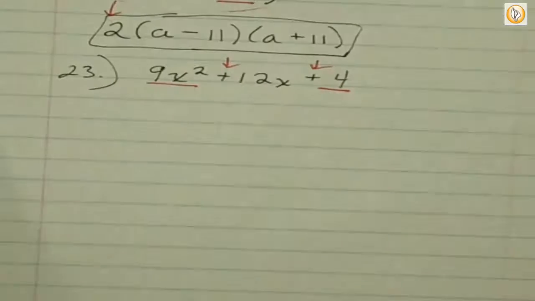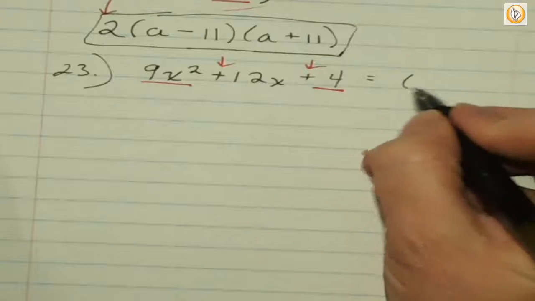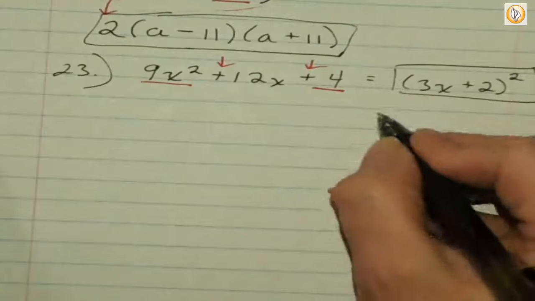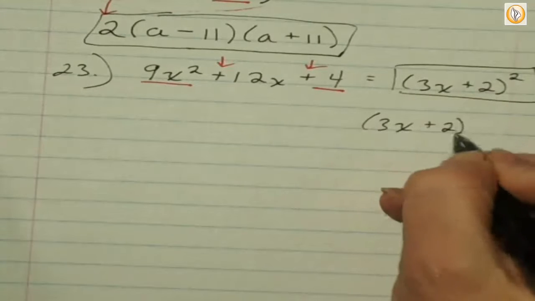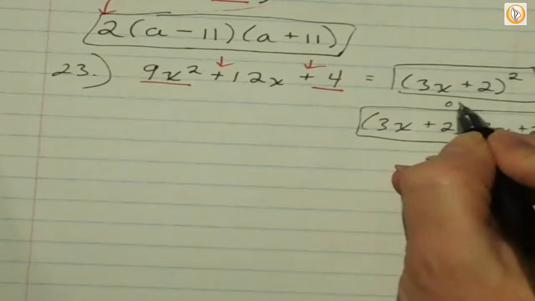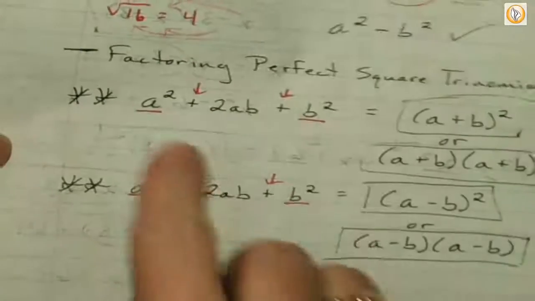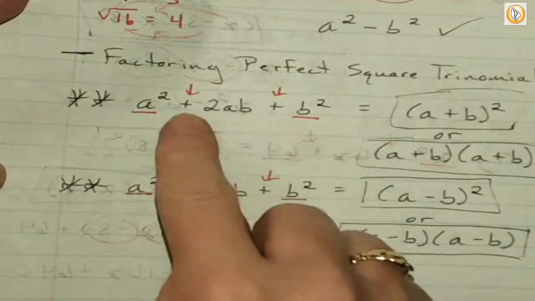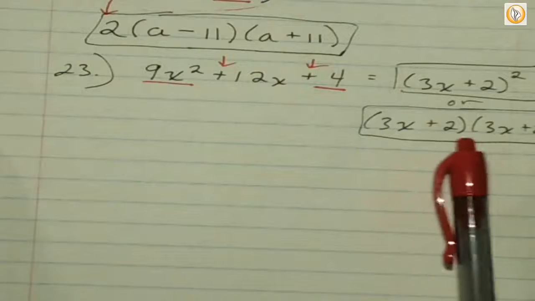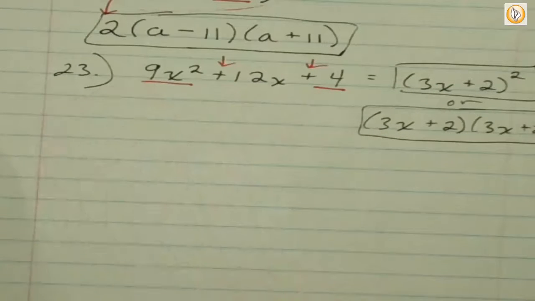There's nothing you can take out of all those, so 3x plus 2 squared, or 3x plus 2 times 3x plus 2. Perfect square, plus plus. And if you did FOIL, you would get 6x plus 6x gives us 12x.